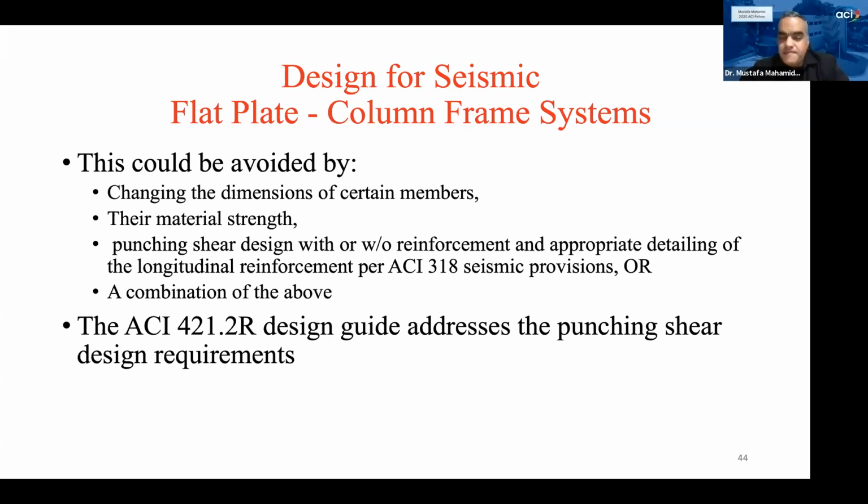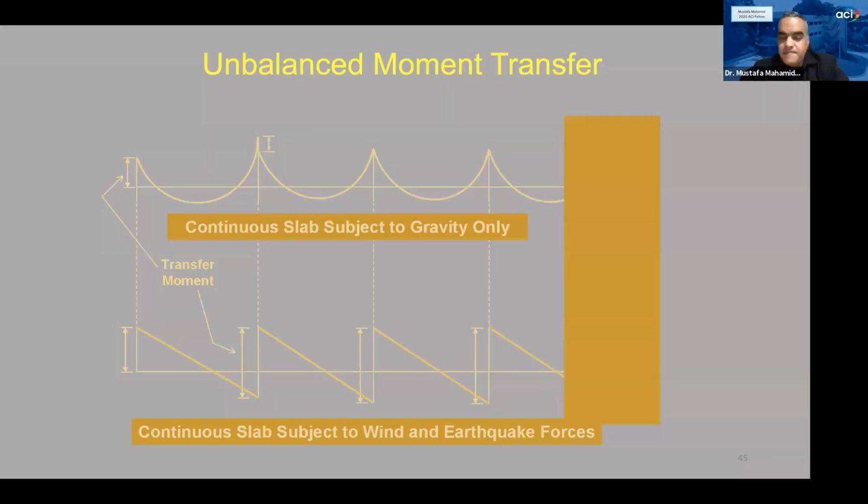So here in this figure, we have unbalanced moment transfer. We have, for example, the gravity load moment diagram shown at the top. And then we have the earthquake or wind moments that are produced here, as you can see at the bottom. So adding the wind or earthquake moments to the gravity moments will introduce an unbalanced moment, which will increase the stresses on the slab column joints.